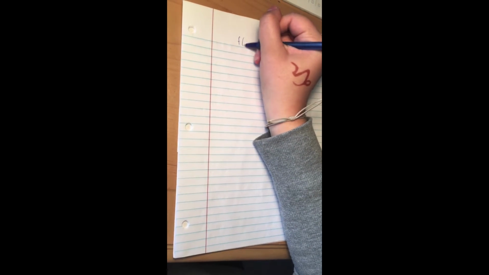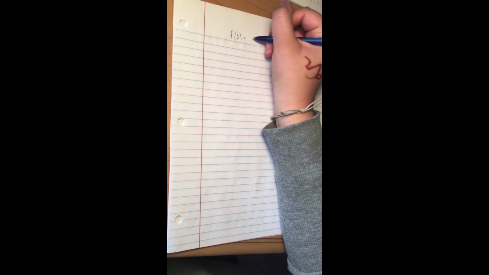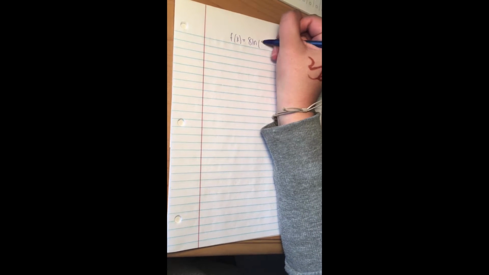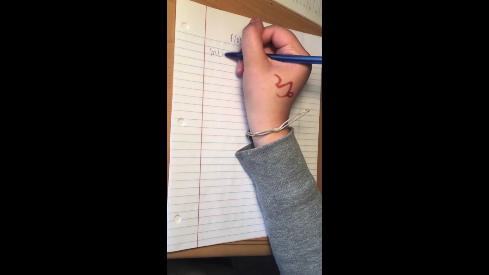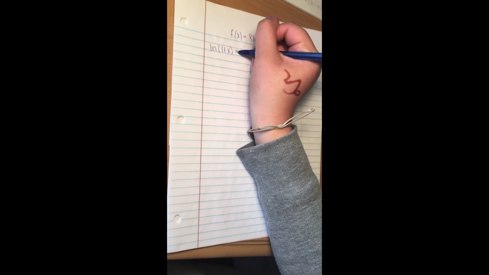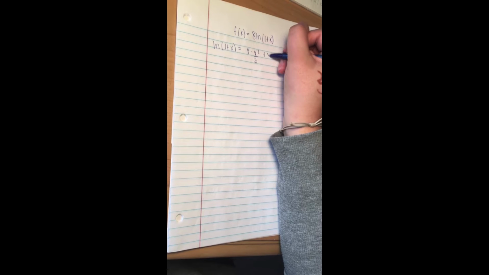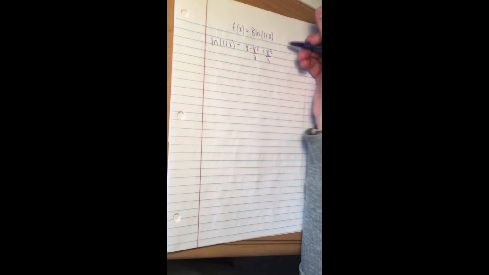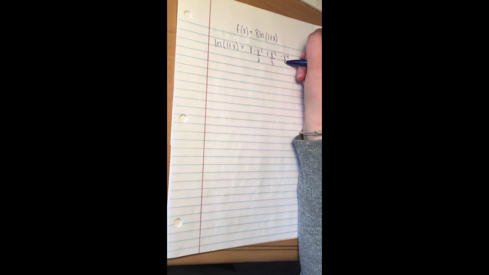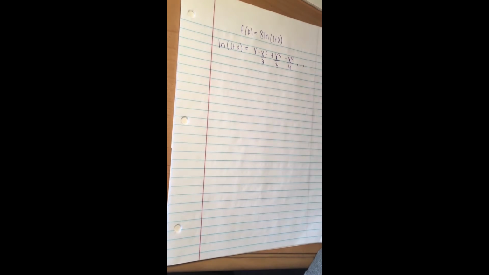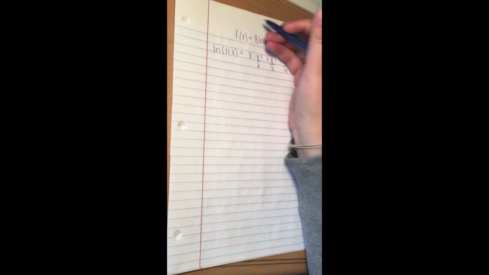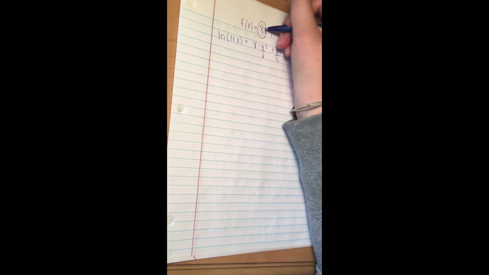Yeah! Our third and last problem is f of x equals 8 ln of 1 plus x. So let's start by generating ln of 1 plus x. So the series for ln of 1 plus x is x minus x squared over 2 plus x cubed over 3 minus x to the 4th over 4, etc. And now we're going to multiply each term by 8.